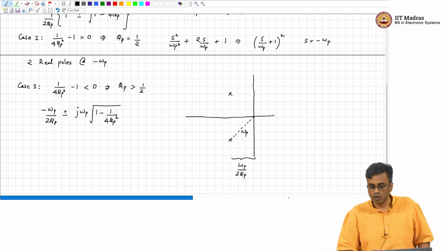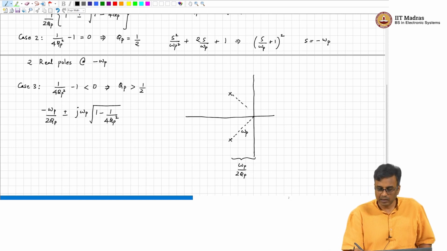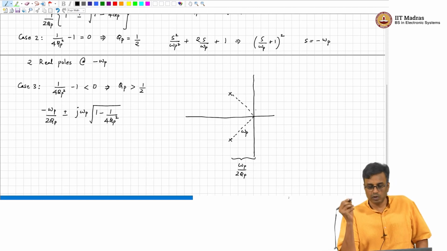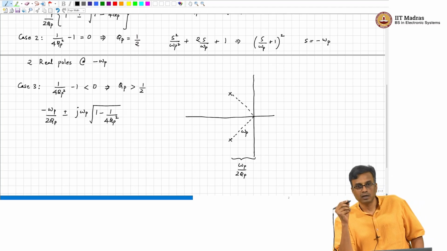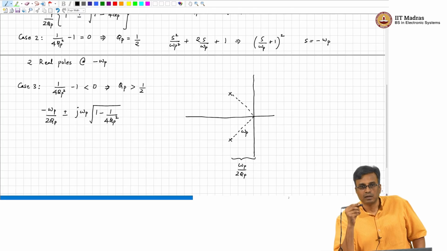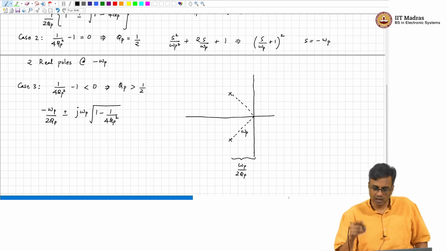What did we say just now? What comment can you make about the distance of the poles to the origin? It is omega p and it's a constant. So as you keep changing Q, what comment can we make about the locus of those roots? It is a circle, right?